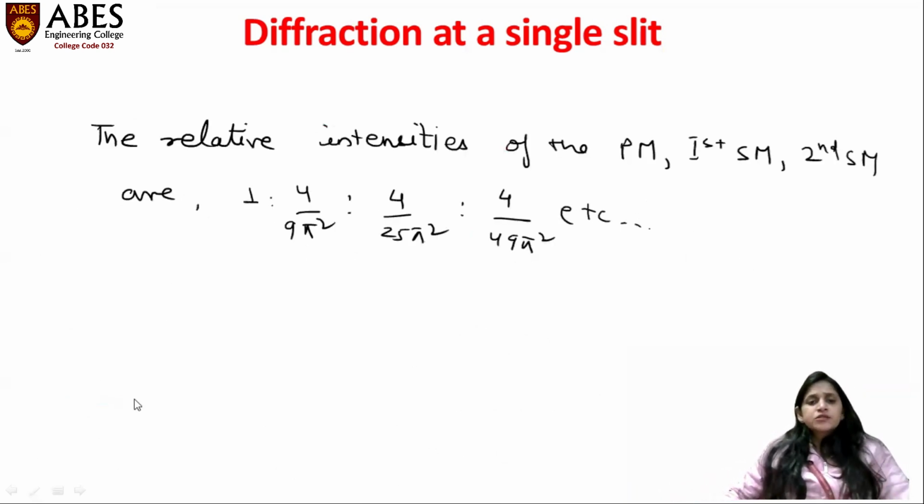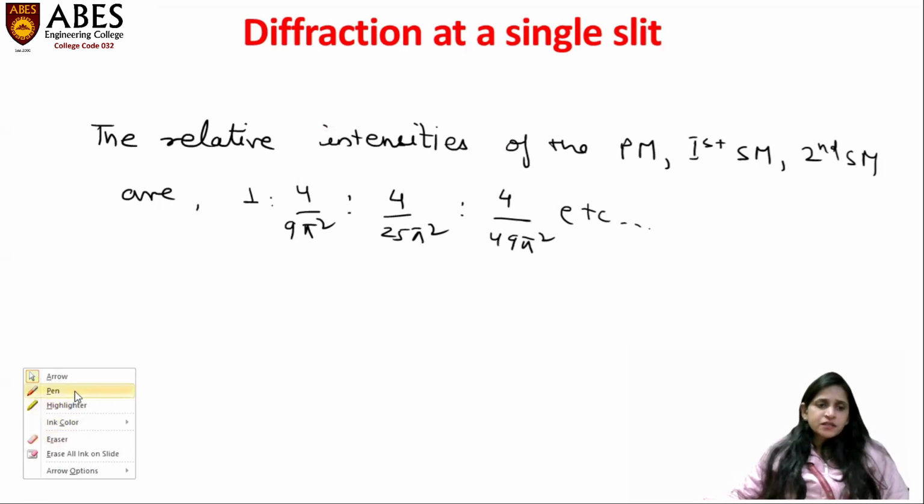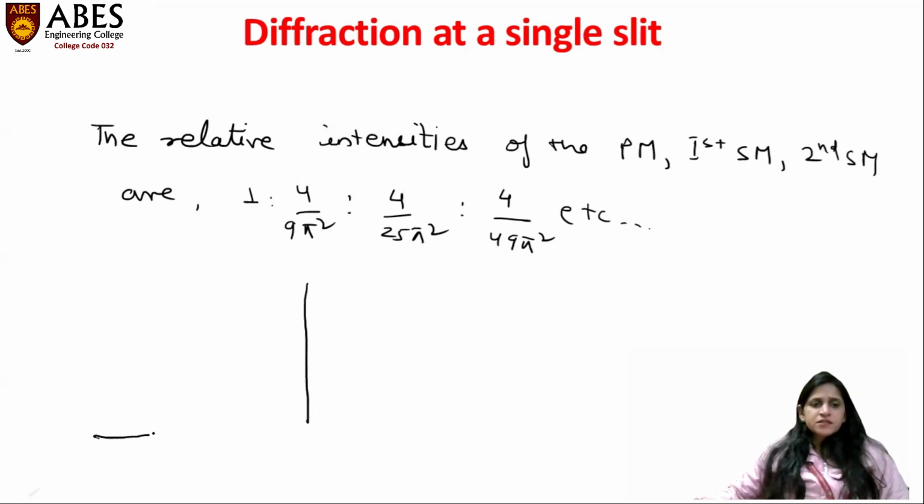Fine. Now let us draw the final graph of the equations that we have found out for the position of principal maxima, position of minima, and position of secondary maxima for Fraunhofer single slit. So when we finally draw the intensity graph, it is of this manner.